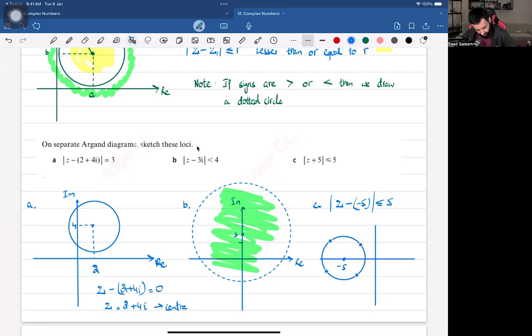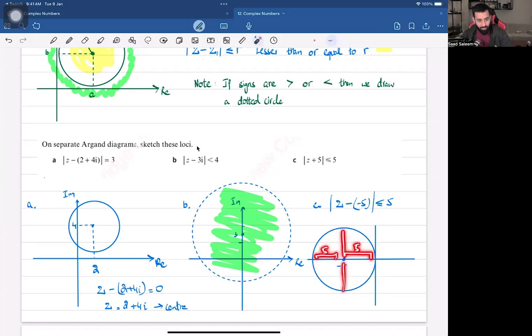This radius is 5, so that means it's going to be tangent to the y-axis. Why? Because the radius is 5. So this will be 5, this will be 5, this will be 5. And where are we supposed to shade? We're supposed to shade inside. So let's do that. There you go. Part C done. I hope you guys are with me.